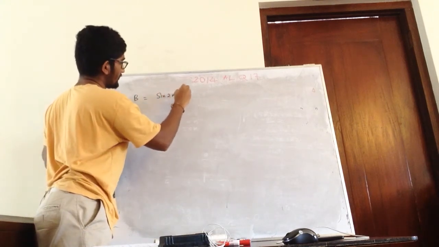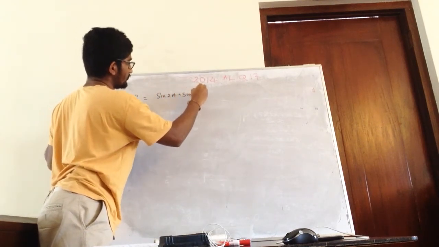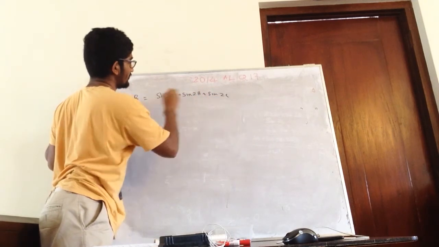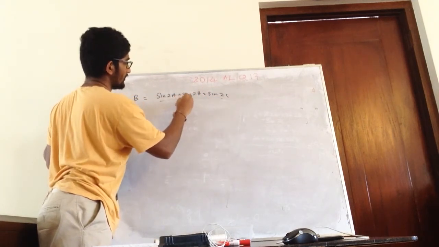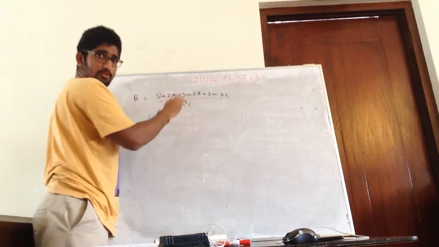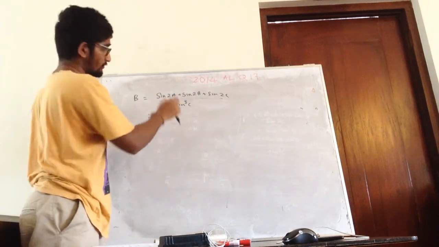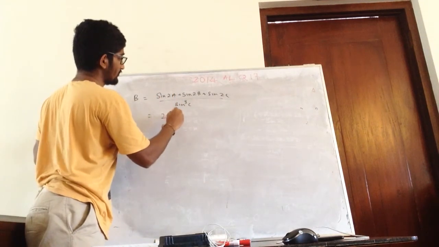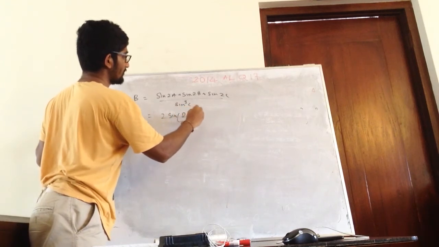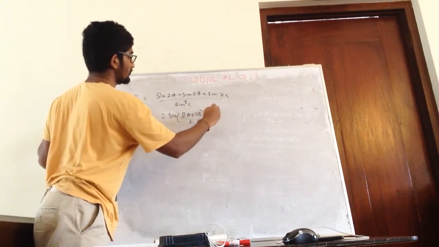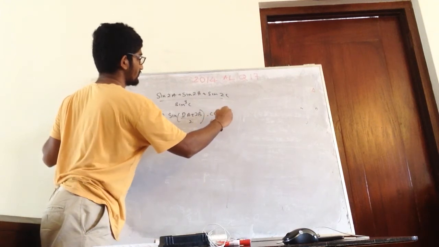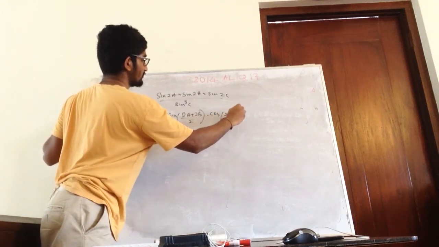Sin 2A plus sin 2B plus sin 2C over sin cube C. So I'm going to add this up now. That means 2 sin (2A plus 2B over 2) cos (2A minus 2B over 2).